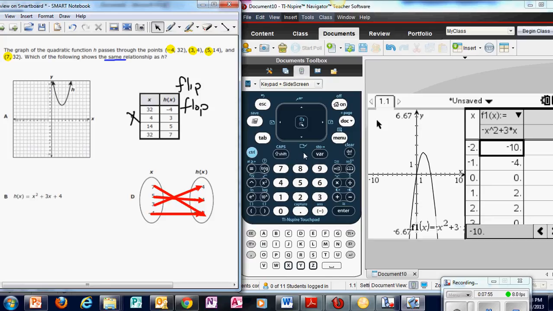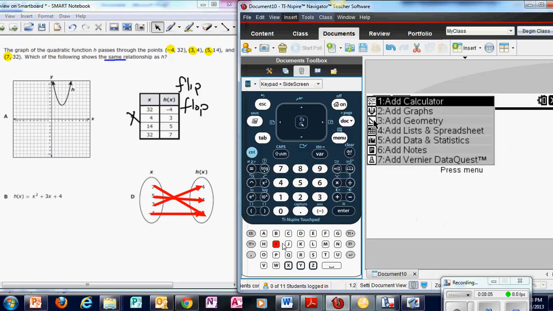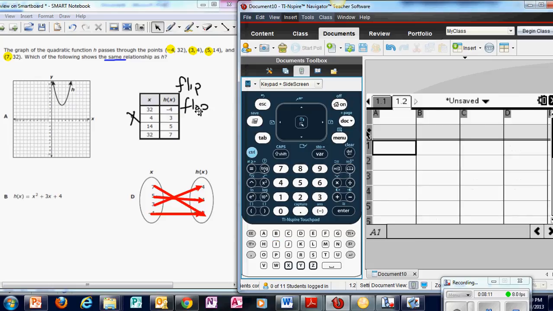I'm going to utilize two features, 2 pages, a list and spreadsheet and a data and statistics sheet. So I'm going to start off by inserting a page, and I've started off with the list and spreadsheet, which is 4.